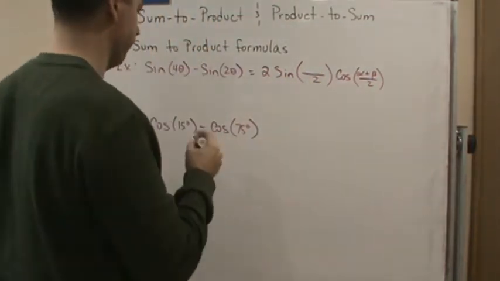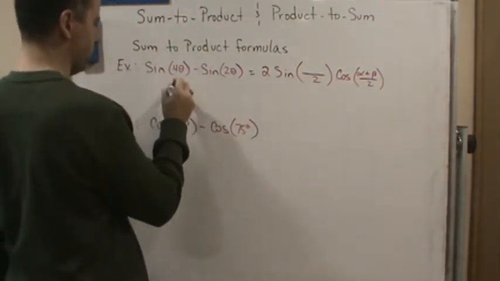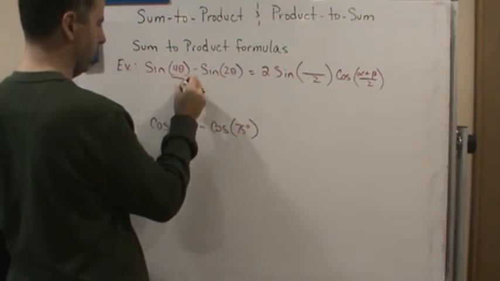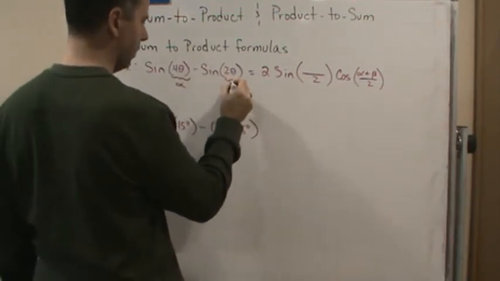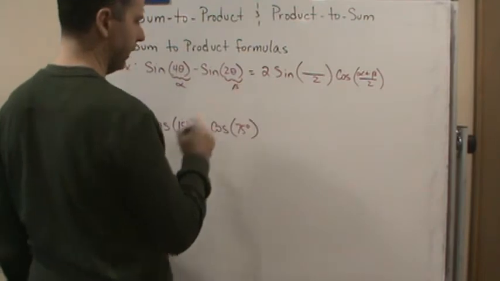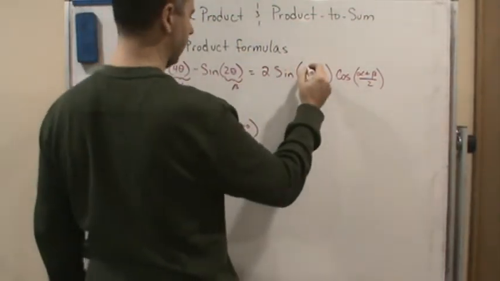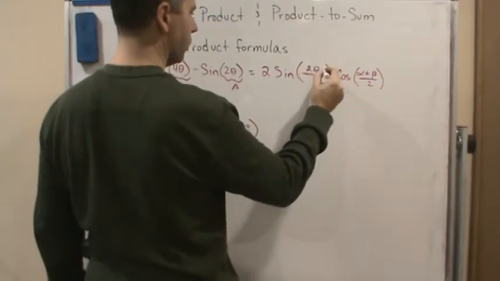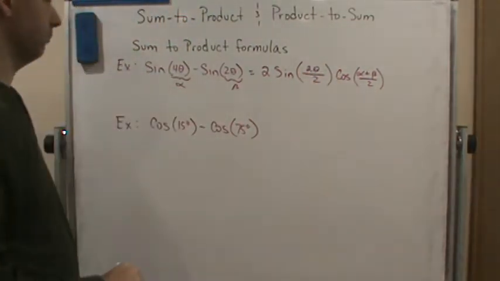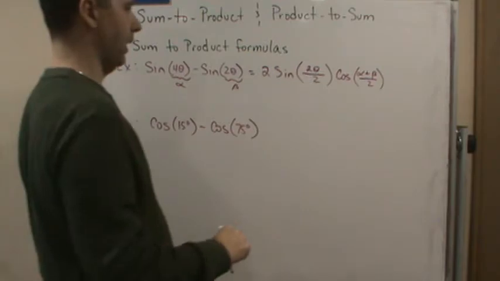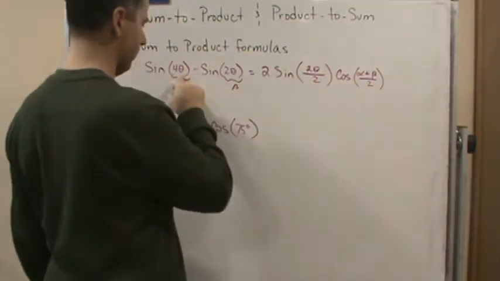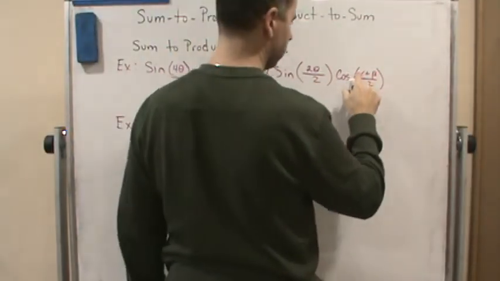So again, let's just do alpha, beta, right? And so this is going to be alpha minus beta, which is going to be 2 theta. And alpha plus beta is going to be 6 theta.